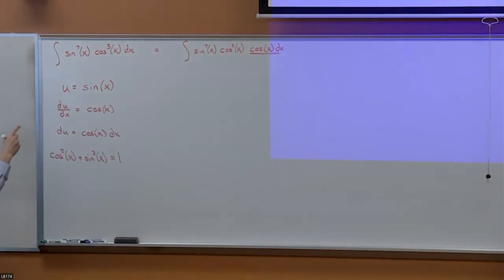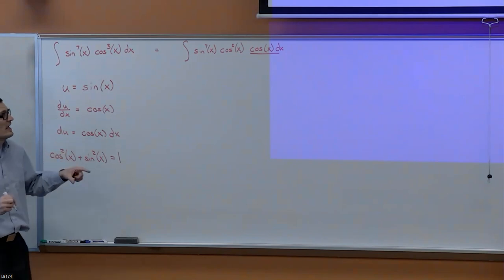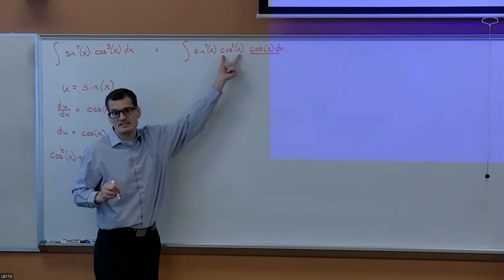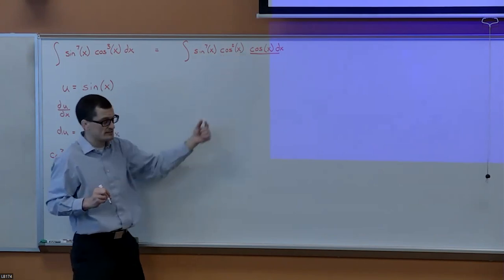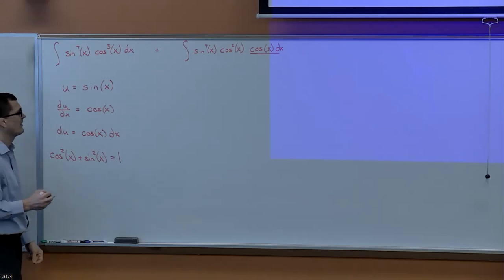Now I have sine to the 7th. I have my cosine x dx, and now I've got to get rid of this cosine squared. Since that's an even power, I can do that utilizing this identity, this unit circle identity, Pythagorean identity, however you'd like to say that.